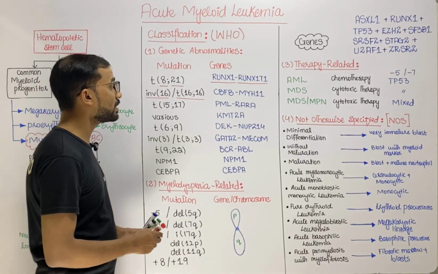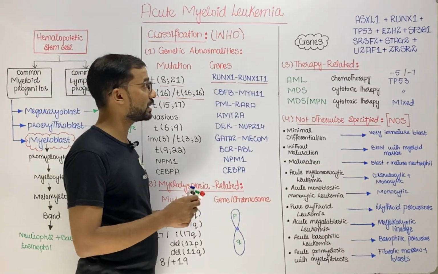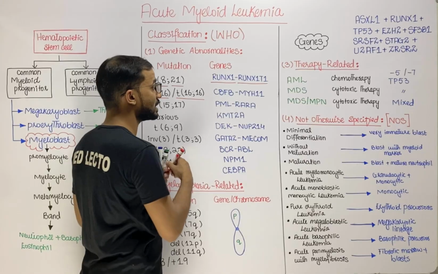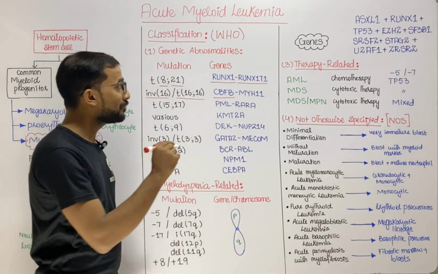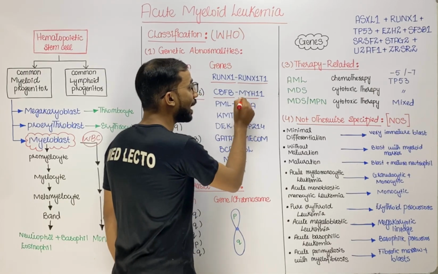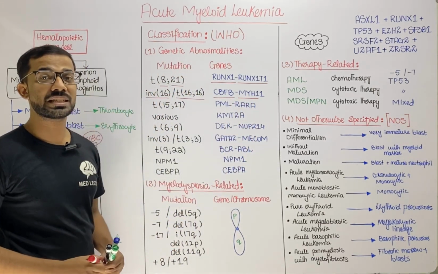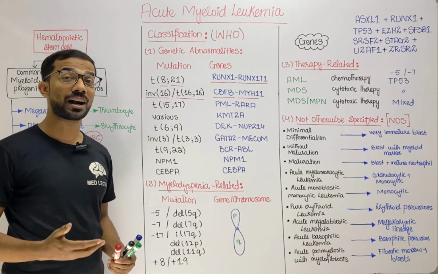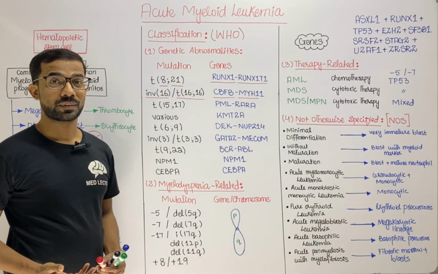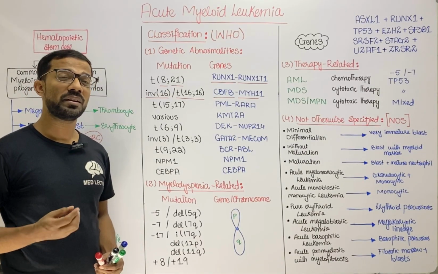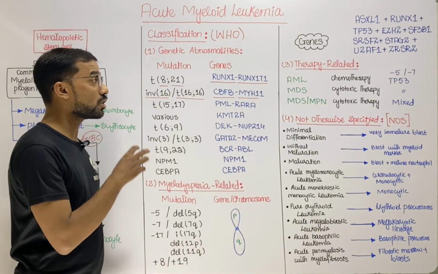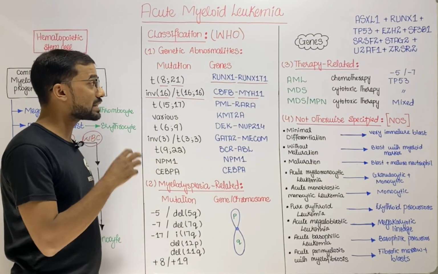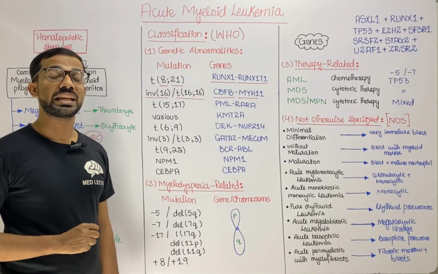And as a result, you will see the fusion of the two most important genes: CBFB, this is gene 1, fused with MYH11, this is the second gene. So these are the names of the genes, and these names are literally too difficult. But you have to understand the concepts that are present in the genetics of AML.